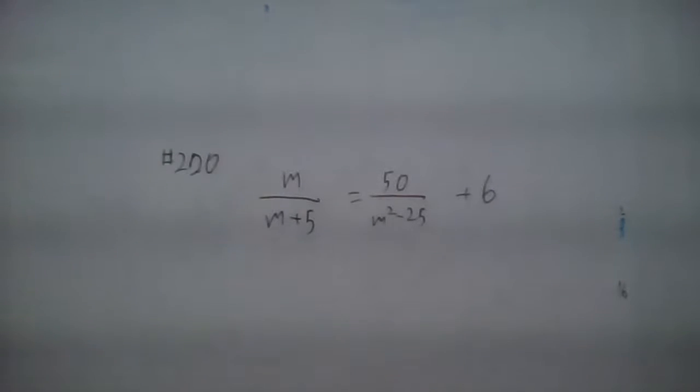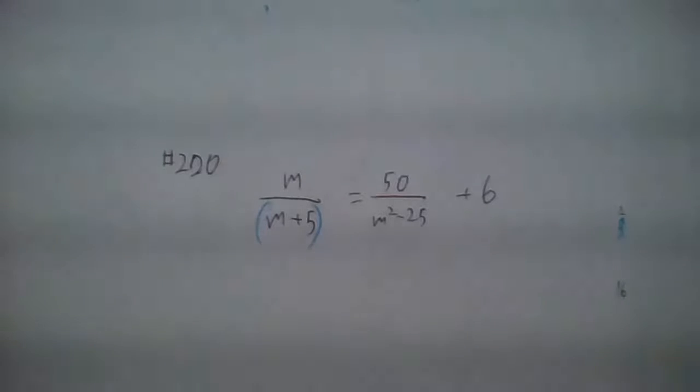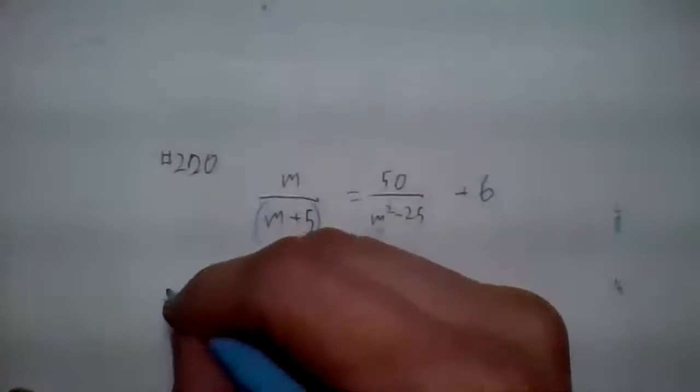I'm going to write it out with some space because I know I need to multiply by a common multiple everywhere. And I also want to get all the denominators in factored form. I'm going to throw the containers around this because m plus 5 is a factor. That's good. This I can factor out. Easy factors there, but I want to write this out. So I'm going to write it out with some space.